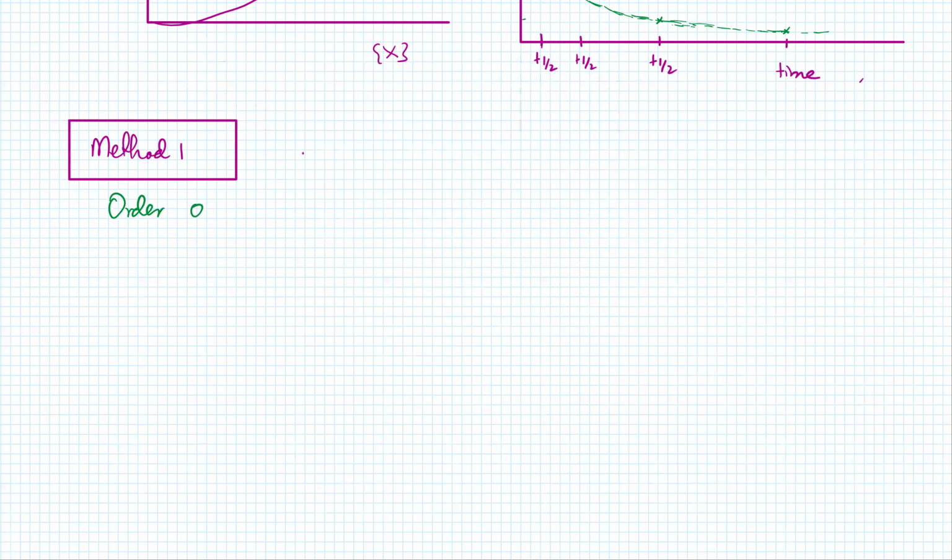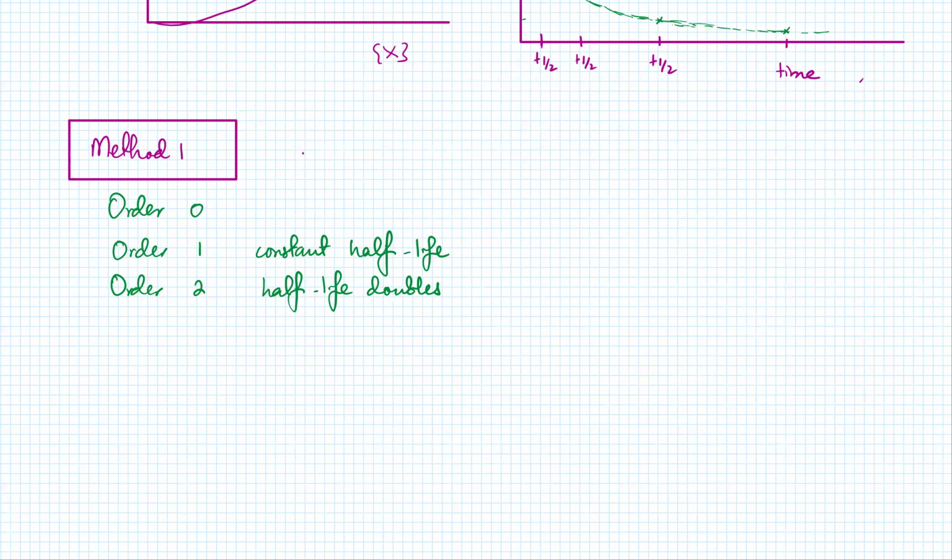Order one is constant half-life. Order two is half-life doubles. Takes longer every time. Order zero is half-life gets halved. Every time it's going to be half of the previous one.